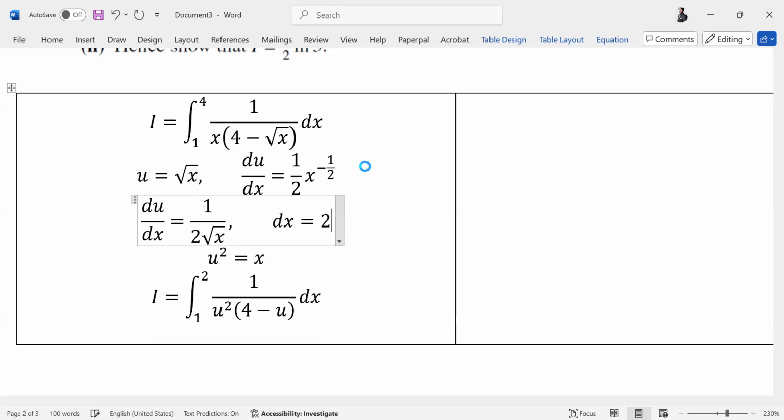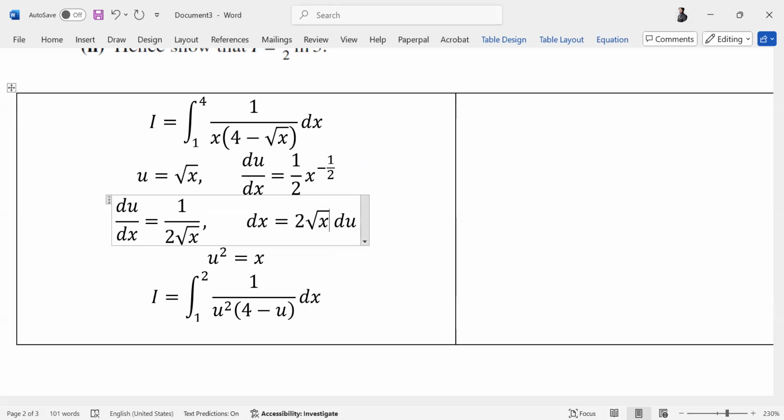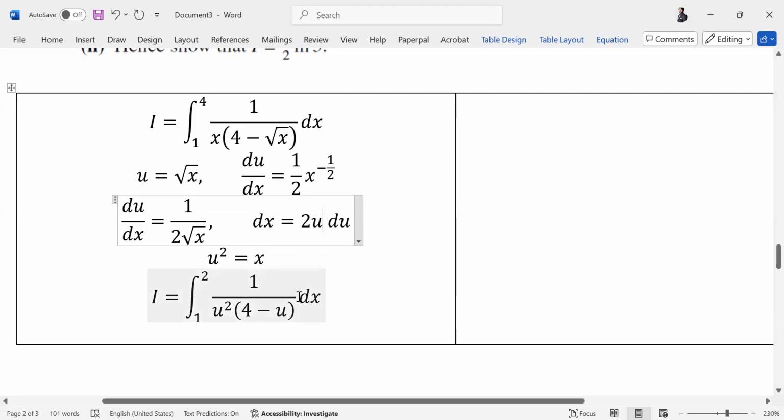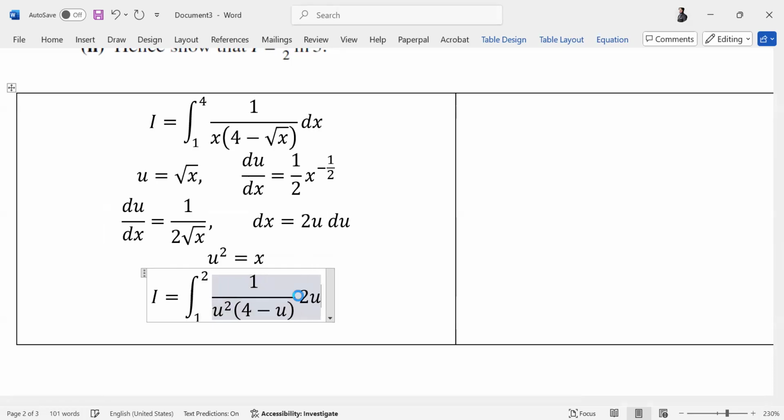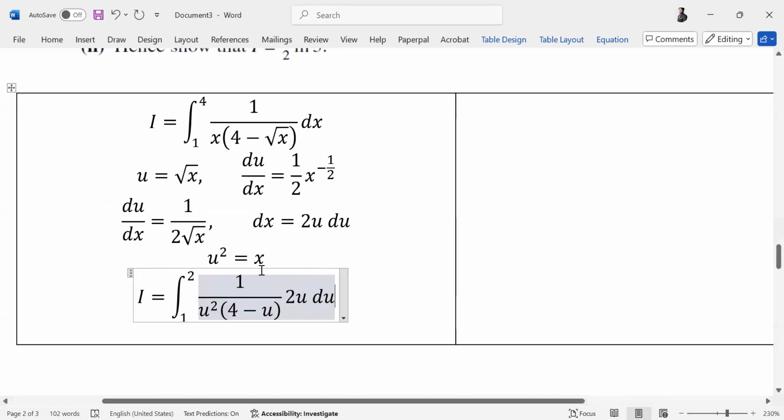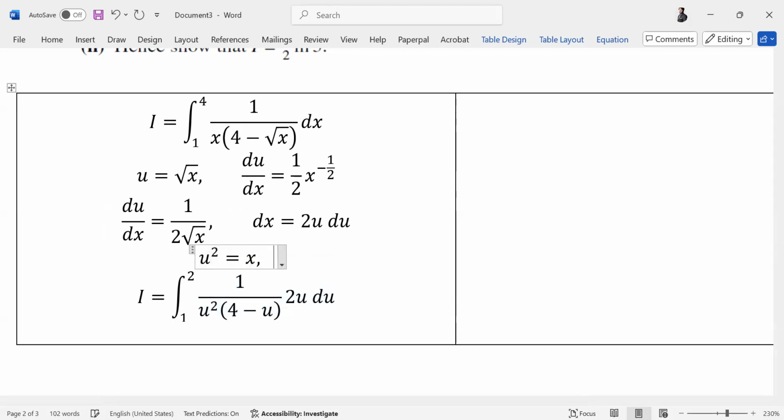Now, in place of, I need to substitute dx. Dx is 2 square root of x du. And in place of square root of x, I can just plug in u. Square root of x is u, right? So I get 2u du. This is one approach. Now let's go to the other approach as well. If I decide to differentiate this, अगर मैं इसको ऐसे लिख लूं भाई, x is u square.